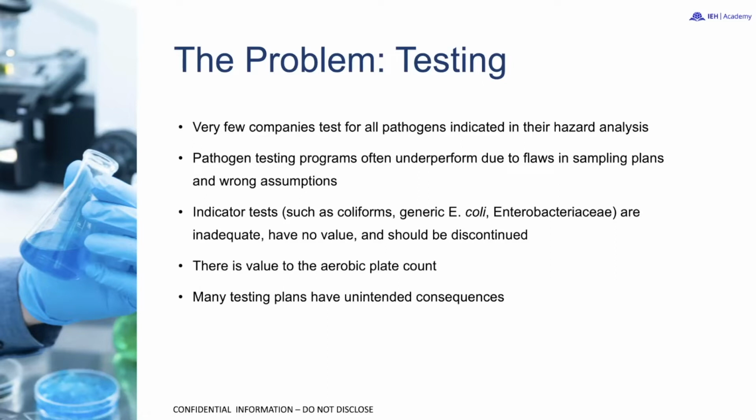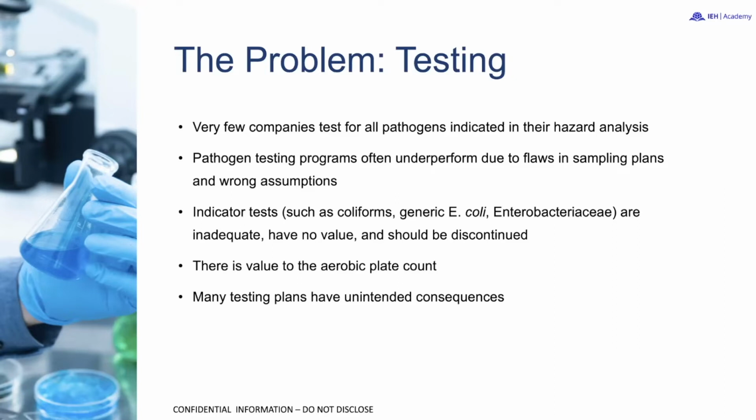I'd also like to say a word about indicator organisms. Indicator organisms really often aren't. When it comes to pathogens, I'm aware of only one truly honest indicator organism, and that would be using Listeria species as an indicator for the possible presence of Listeria monocytogenes.